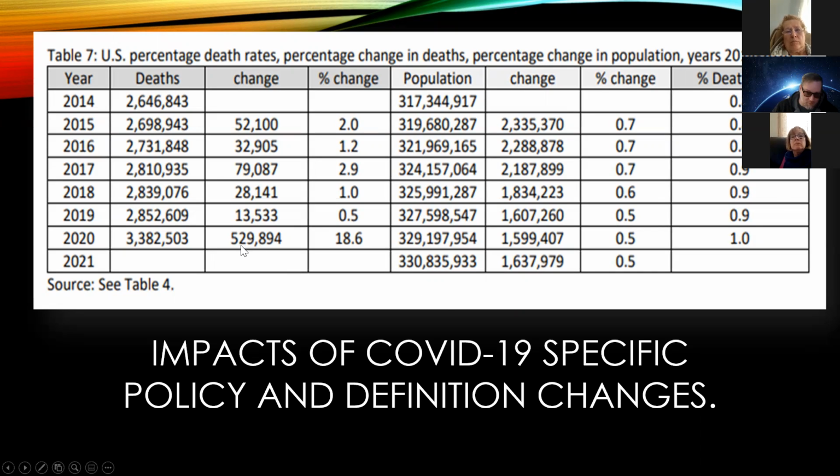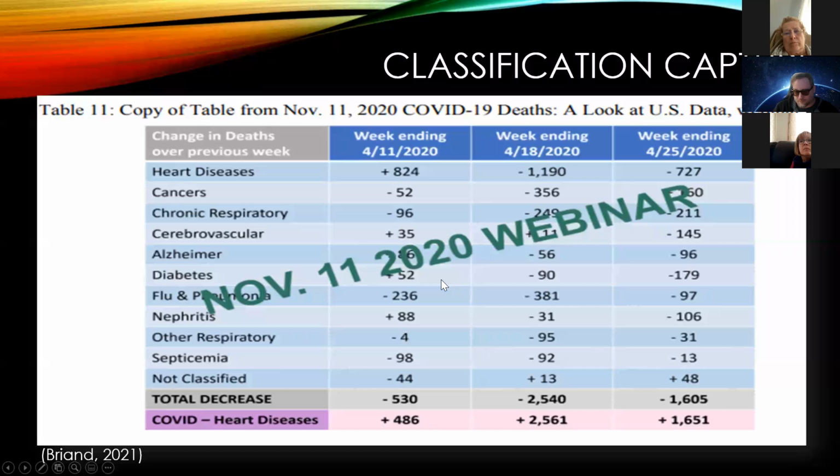So you see this big jump in deaths in 2020. In 2018, 2019, we have no jumps in deaths. And then right around 2020, when we implemented all these new policies, we have a huge jump in death. And I believe I'm able to link this jump in death to about 6 states that implemented specific COVID policies. So we have all these COVID deaths jumping, but the overall number of deaths isn't jumping that much.